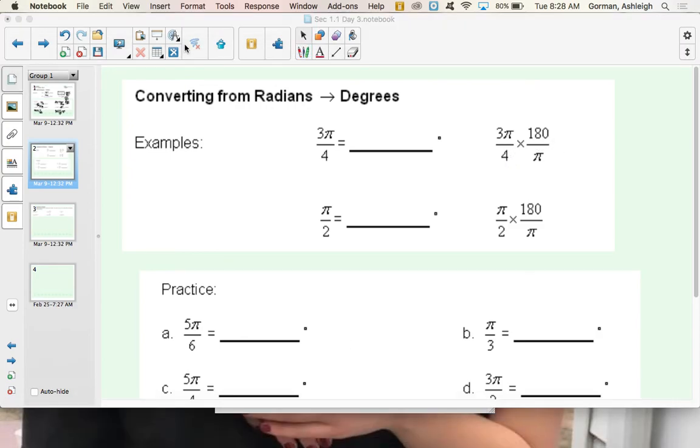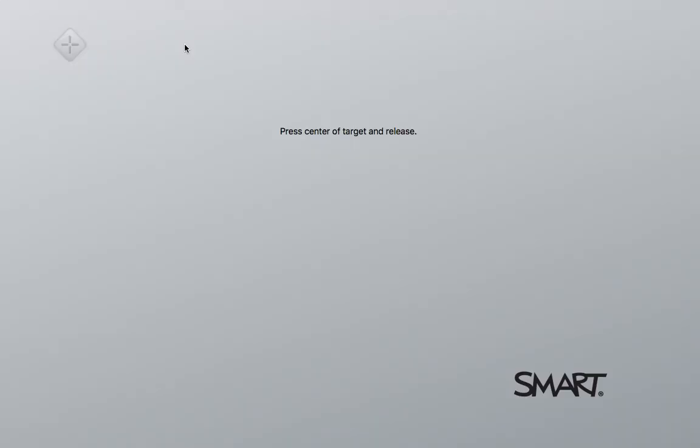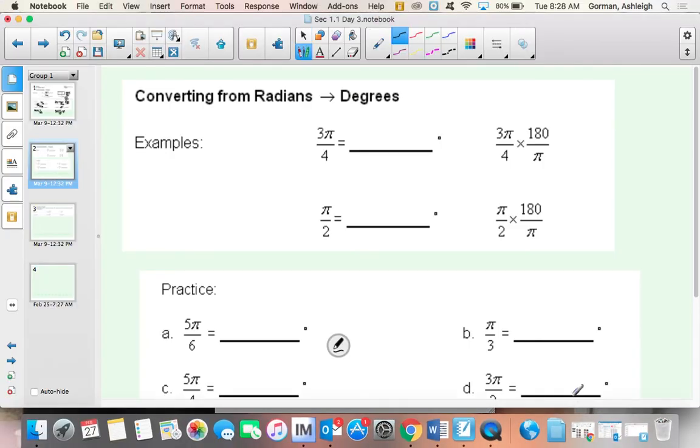So if I do 3 times 180 over 4, what does that simplify to? You can put that in your calculator real quick. Go ahead, Stephen. We get 135. So it's 3 times 180 all over 4, which is 135.